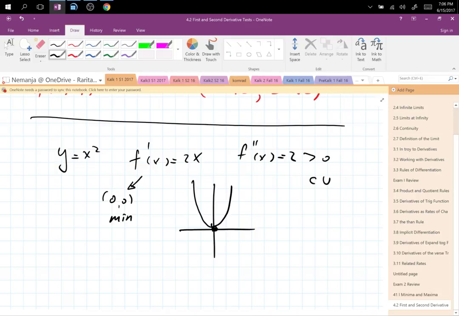Now I want to also point out that what we're going to do on Monday is this very long, tedious section 4.3, graphing functions by hand. And you will be calculating about 10 to 13 different things, and then you will use all of those to graph a function by hand.